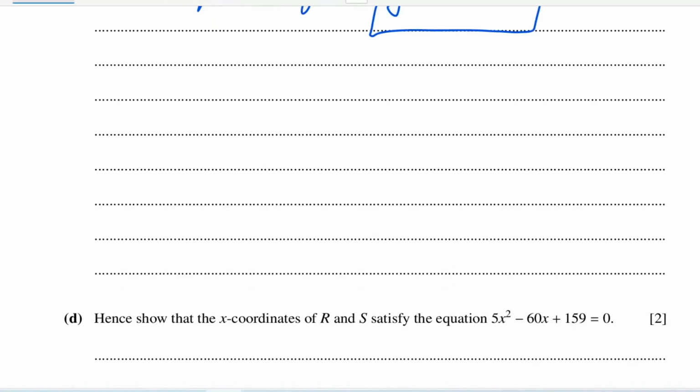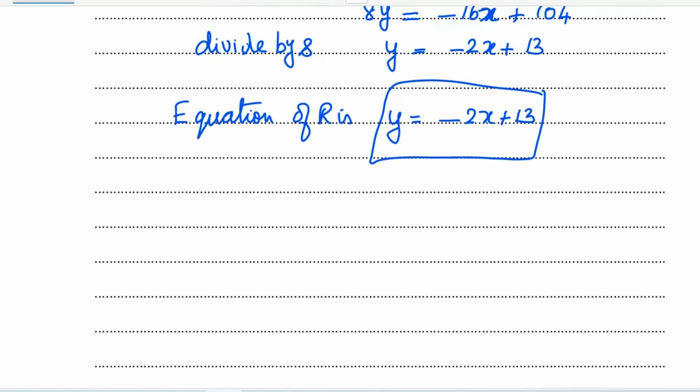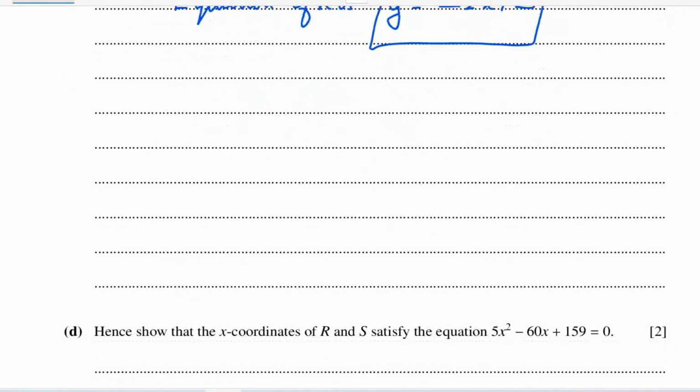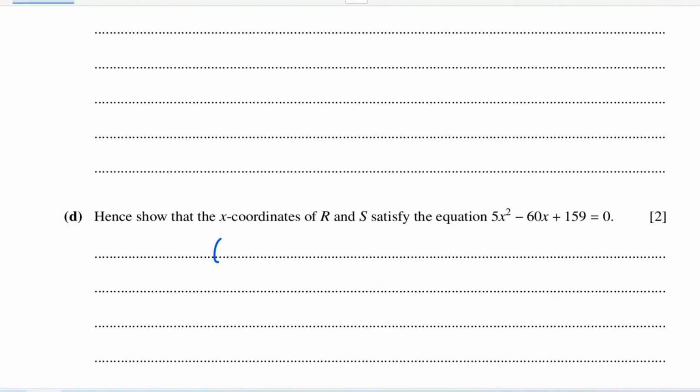In that you substitute the value of y as negative 2x plus 13 to find the x coordinates. So (x minus 10) the whole square plus (y minus 3) the whole square. For y we will substitute minus 2x plus 13, minus 3, the whole square, which is equal to 41.